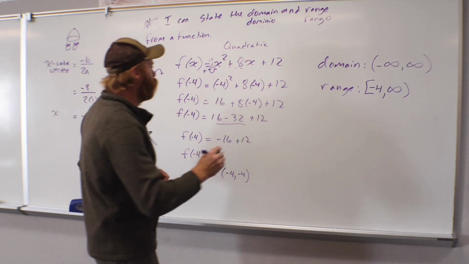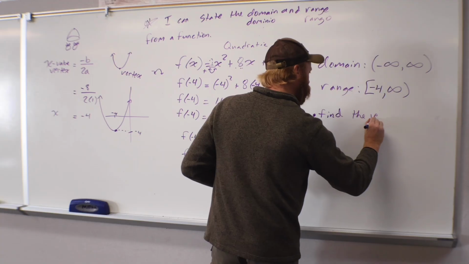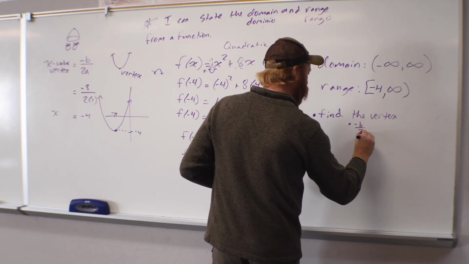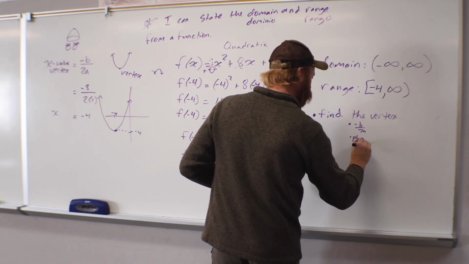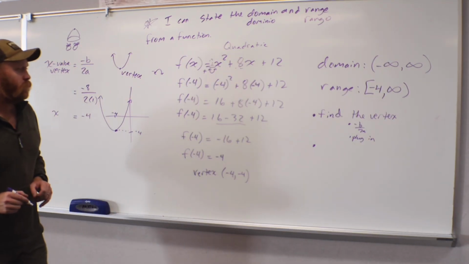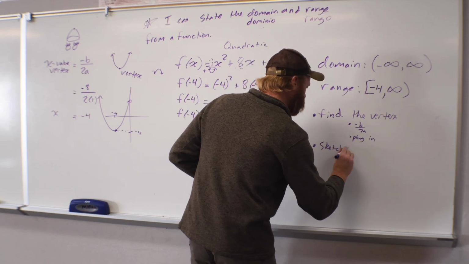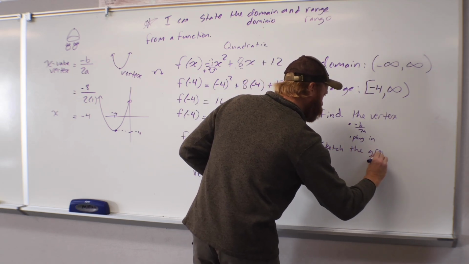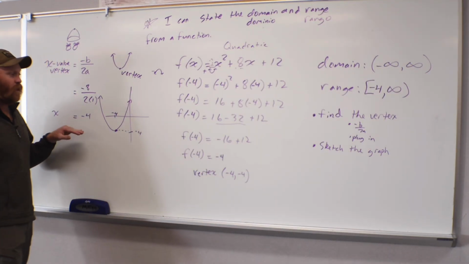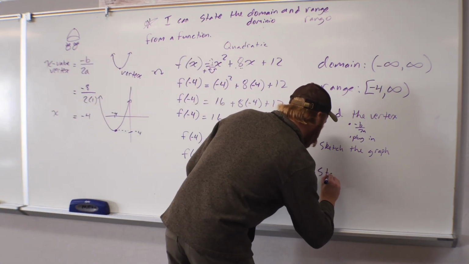Okay, so step number 1, we're going to find the vertex. In that, we would use our negative b over 2a and then plug in. After that, sketch the graph. Get a little sketch of the graph, and I think this really does help students. After that, all we have to do is state the domain and range.